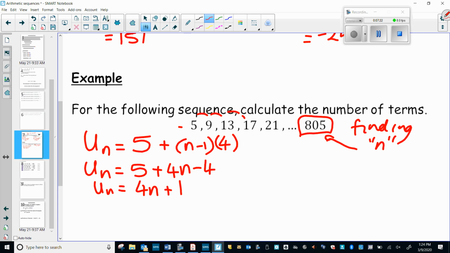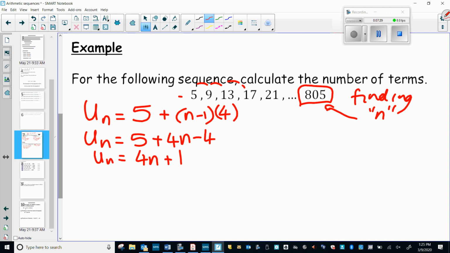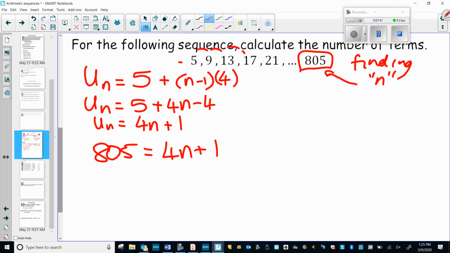If we know that our term number is 805, we need to find the value of n. So we would say 805 equals 4n plus 1. You're happy with that? And we're trying to find the value of n. So what would we do? We solve it by doing what? Subtract 1 from both sides, so we get 804.